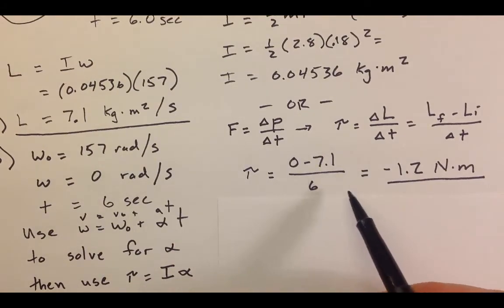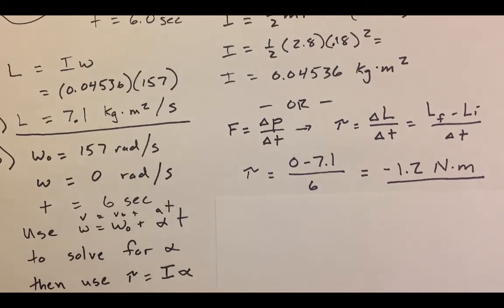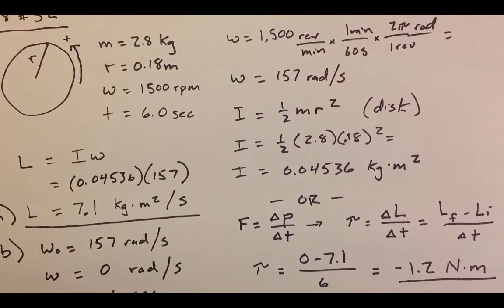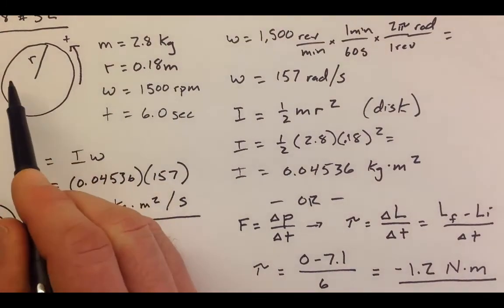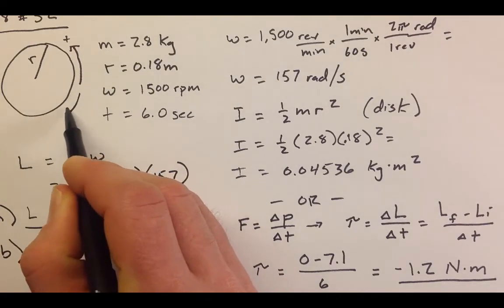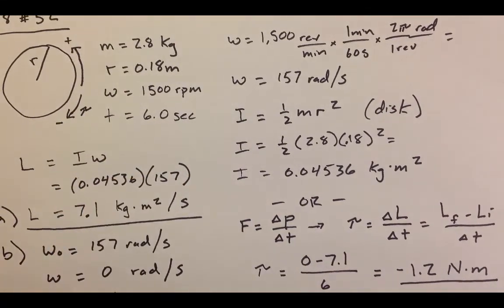Notice here, I do get a negative sign for my answer for my torque of negative 1.2 newton meters. What does the negative sign here mean? That would mean that while it's spinning counterclockwise here, the torque would have to be in the opposite direction that it's spinning to slow it down.